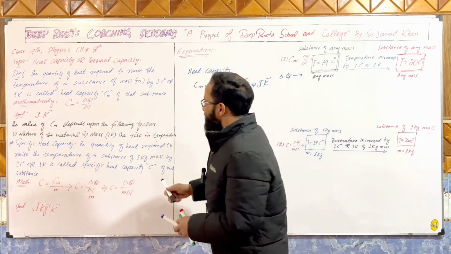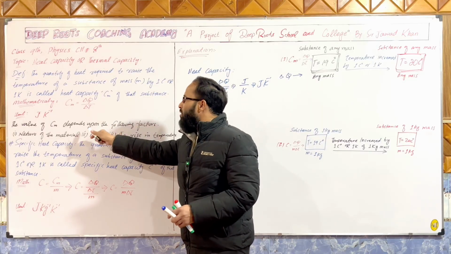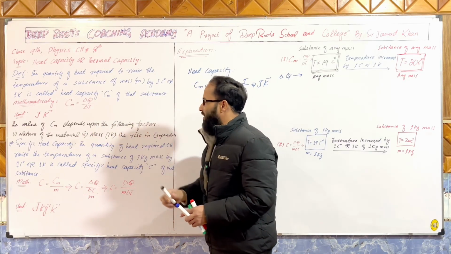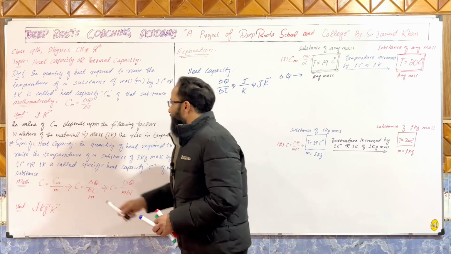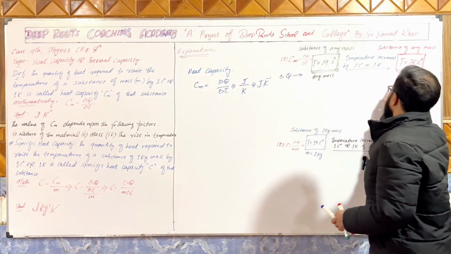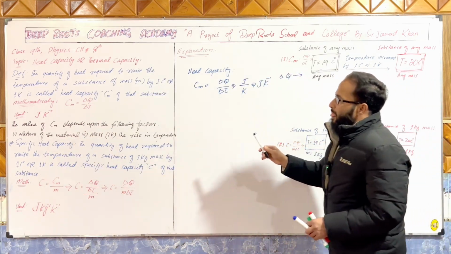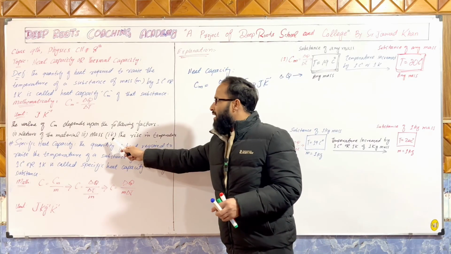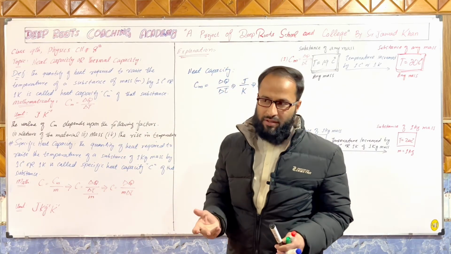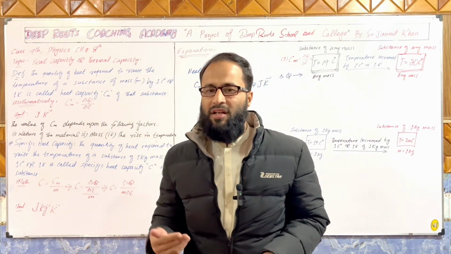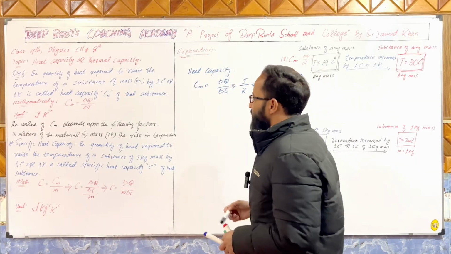Now the other thing that we have just discussed is that the value of Cm depends upon the following factors. Nature of material: for different materials the heat capacity will be different. If the nature is changed, the heat capacity will change for those materials.